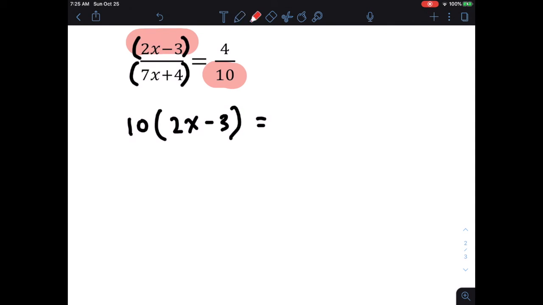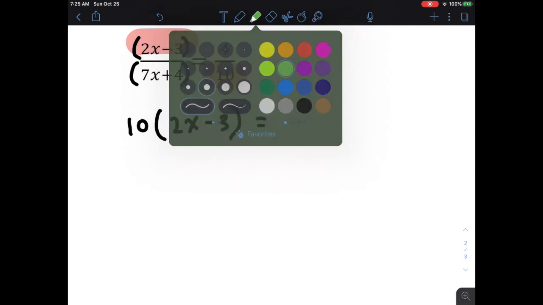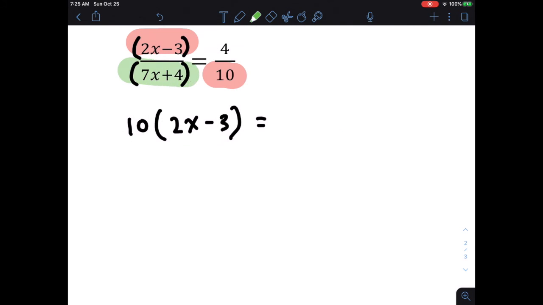And that's going to all be equal to the 7x plus 4 times the 4. And I'm going to put that 4 first and then the 7x plus 4 second. Okay, so this one maybe looks a lot more challenging, but all we have to do is distribute on both sides. So I'm going to go ahead and distribute on both sides.